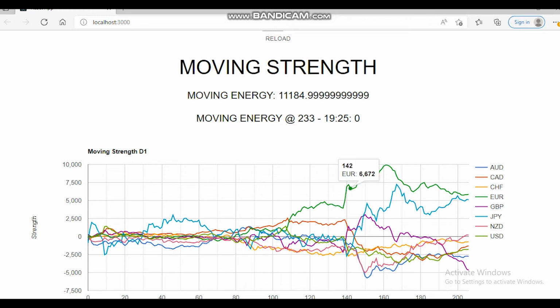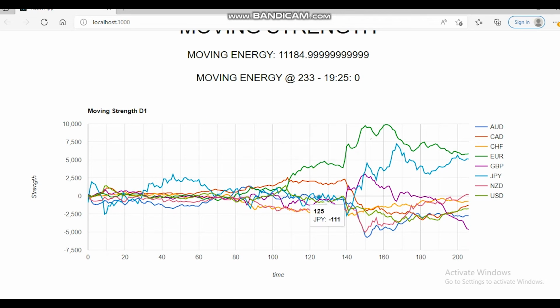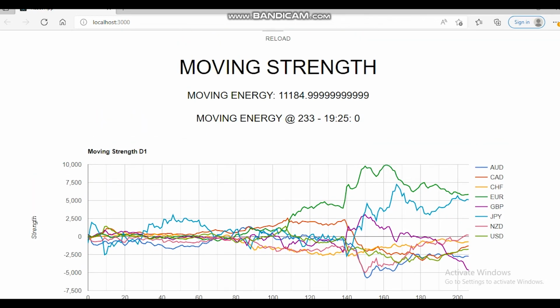This then means that the other currencies would have to decrease in order to compensate for the increase in euro, because it has to get that energy, I guess, from somewhere, right? So just thinking of it as a system internally, right?